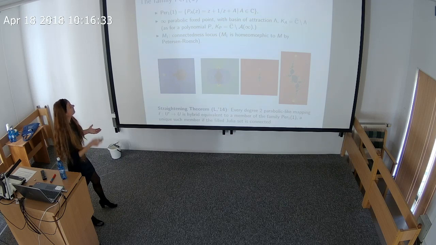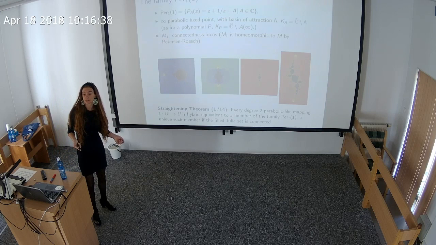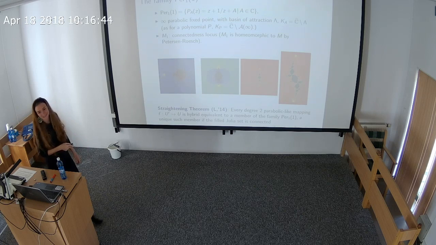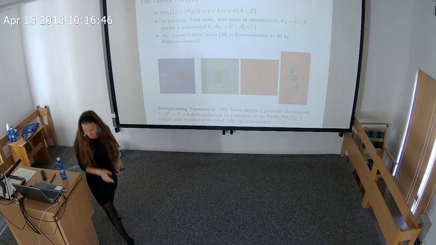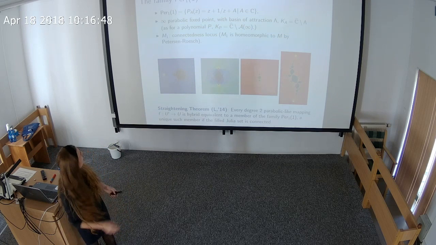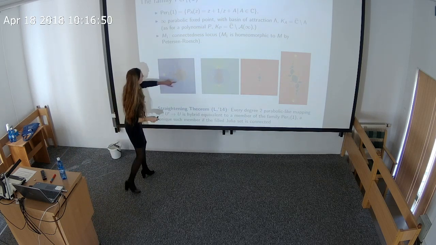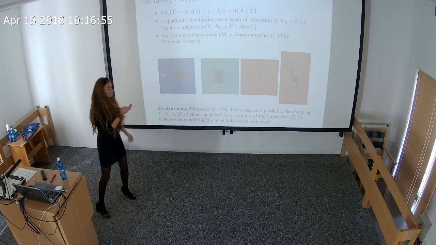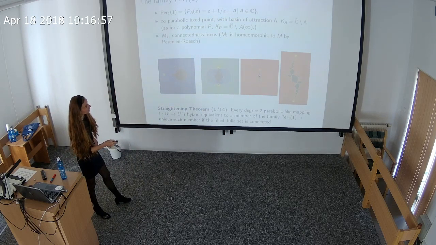The connectedness locus of these is called M1, the parabolic Mandelbrot set. And here is a picture, which I'm sorry because the black over blue is not very seeable. You can see it's very similar to the Mandelbrot set, just it doesn't have the cusp here. And here are several filled Julia sets.